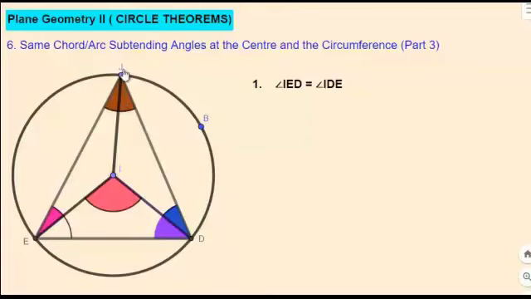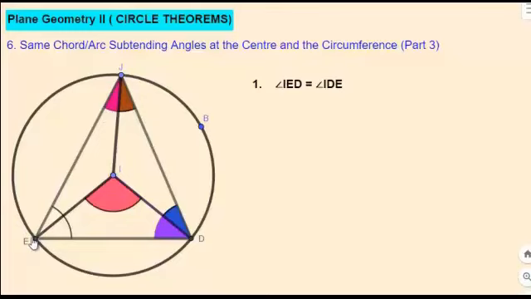I am going to move angle JEI and place it on angle IJD. If it fits equally, then they are equal. If otherwise, then they are not. So look at how beautiful it moves and turns around to be placed on that angle, that is IJE.